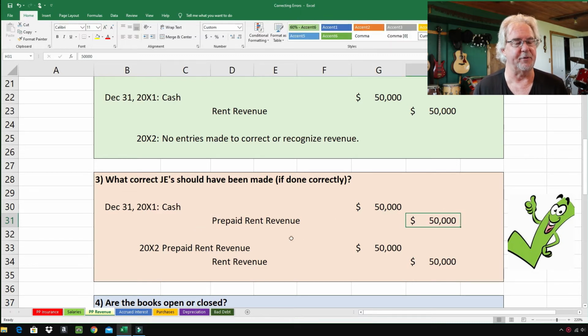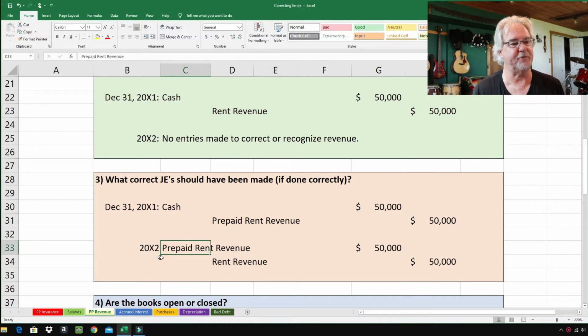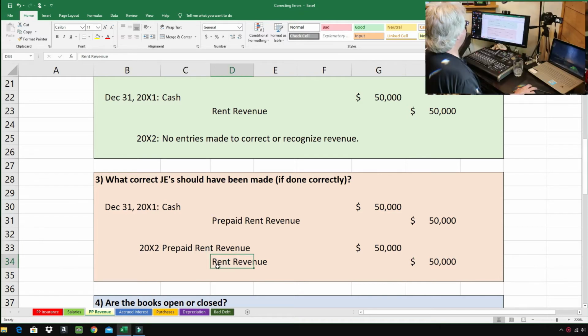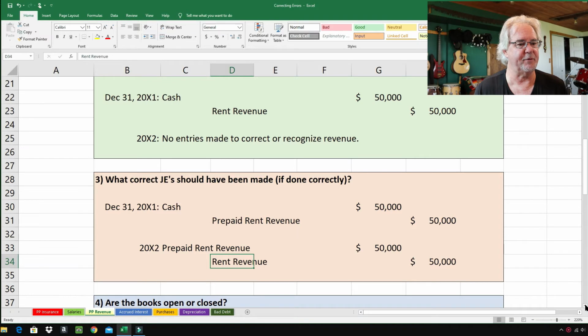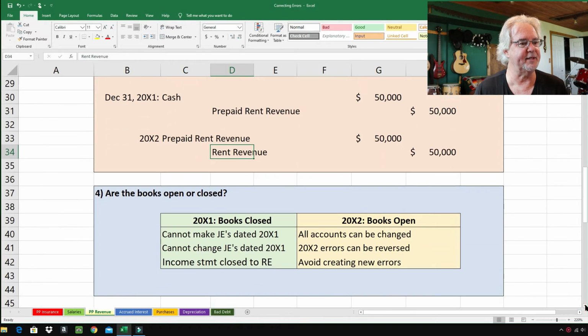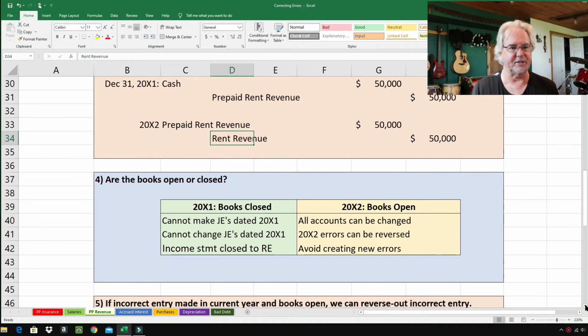That is where they went wrong. In 2002, they should have debited prepaid rent revenue for $50,000 and credited rent revenue to appropriately recognize the rent revenue. So they weren't even close here. And this is a very common mistake too. It's easy to make these kinds of mistakes.